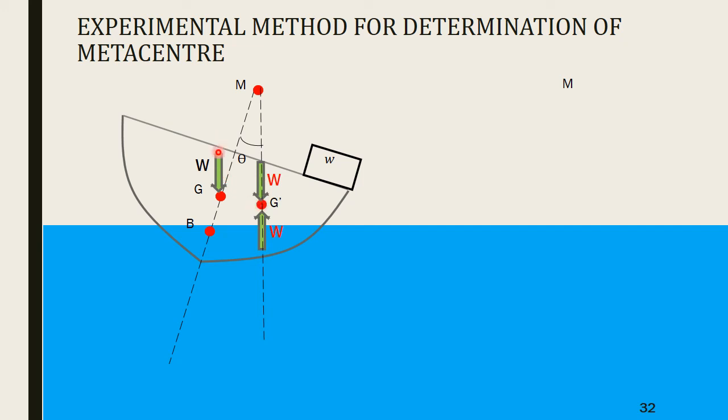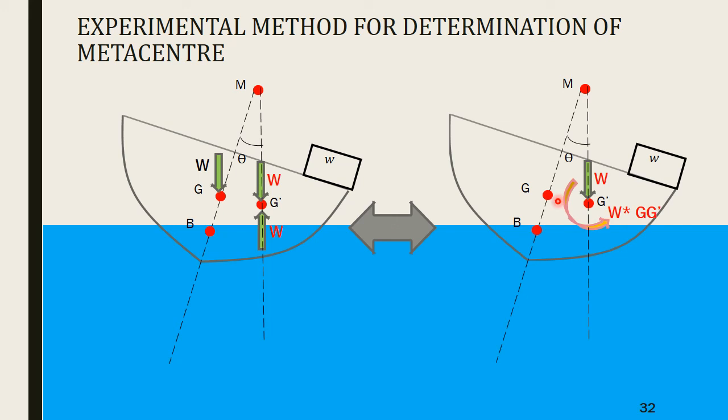Now the capital W acting at G in the downward direction, and the capital W acting at G dash in the upward direction, together will form a couple. And so this figure can be equivalent to the capital W acting through G dash and a couple equal to capital W into GG dash acting on the body.